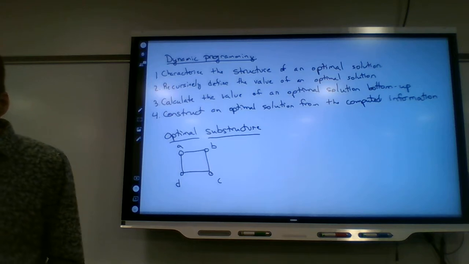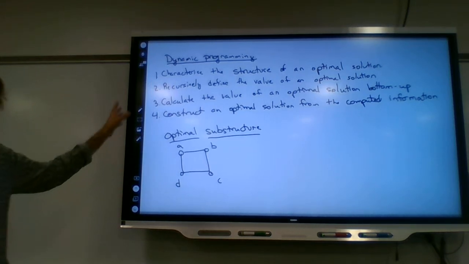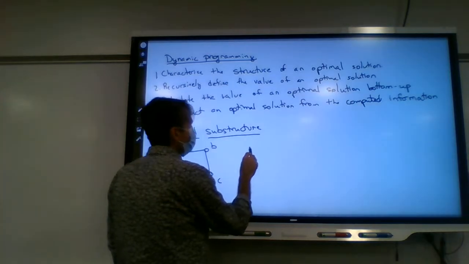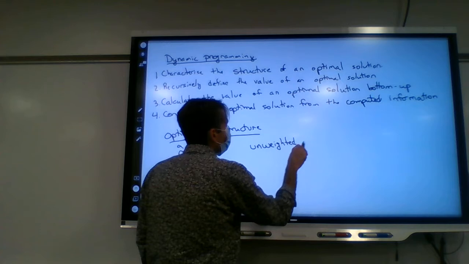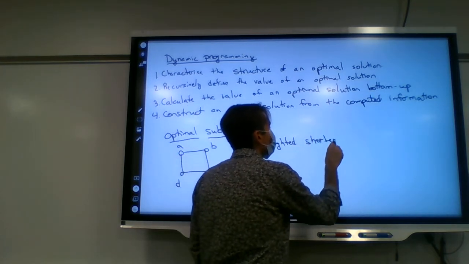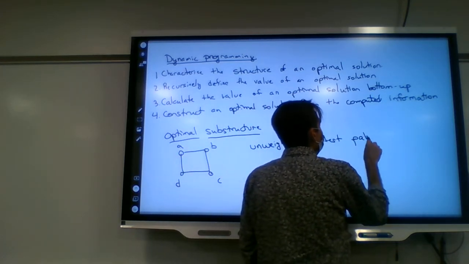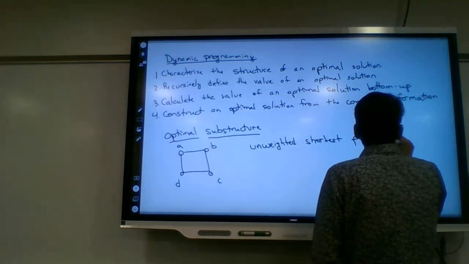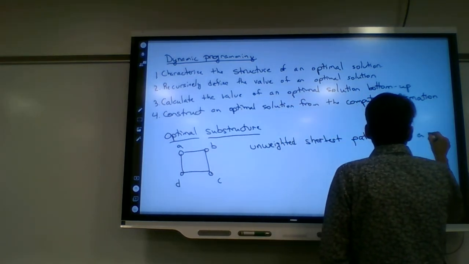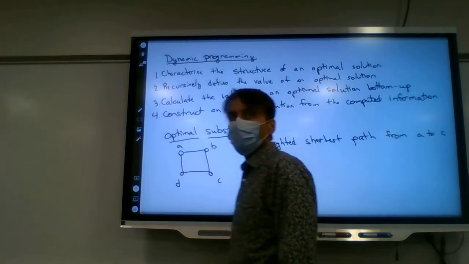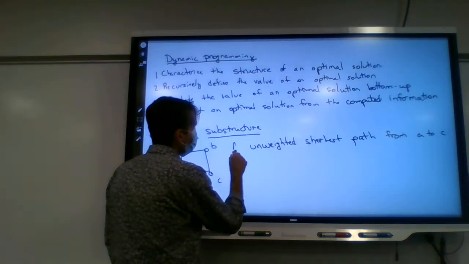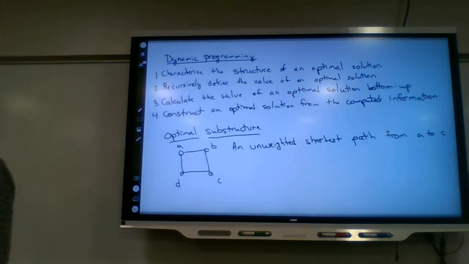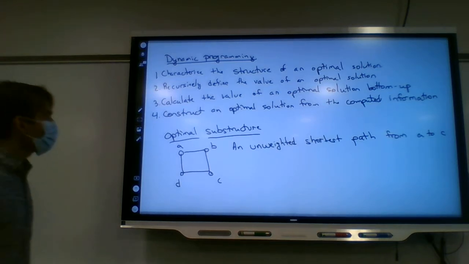There are no weights involved, we just want to find the unweighted shortest path from A to C. When we say an unweighted shortest path, it's really an unweighted shortest path because there are two shortest paths from A to C. What are they?